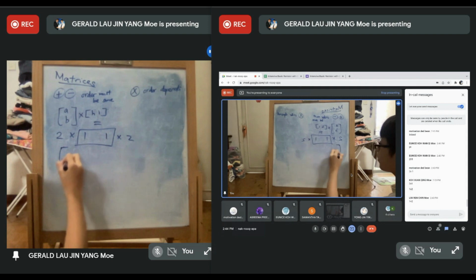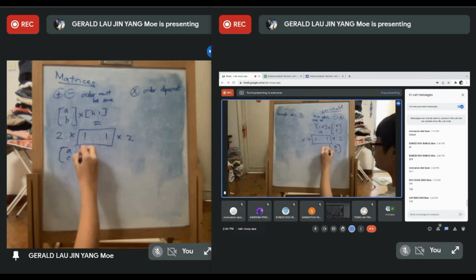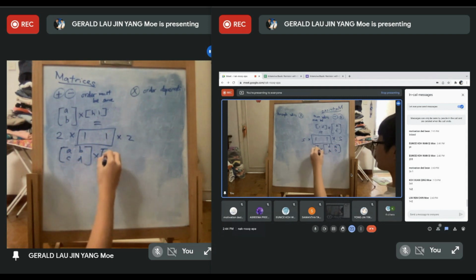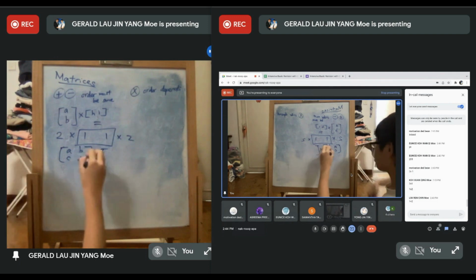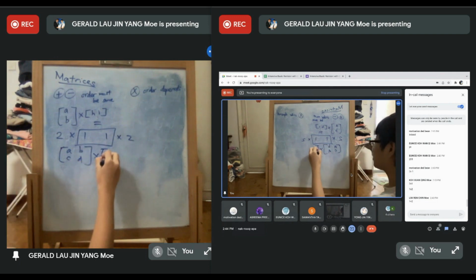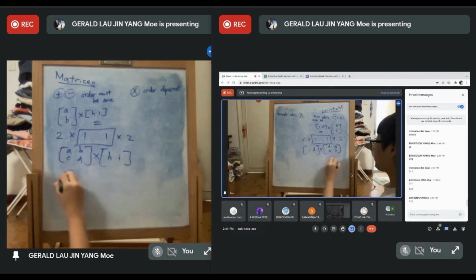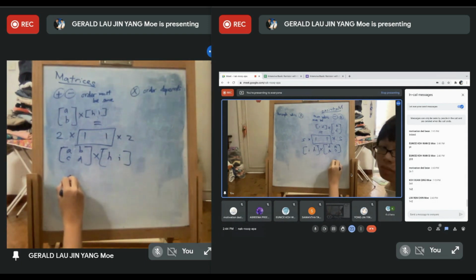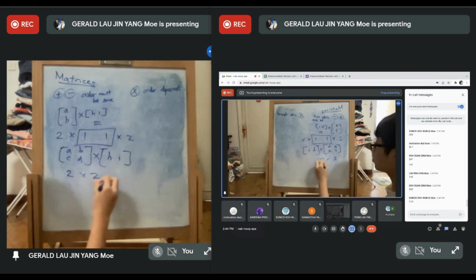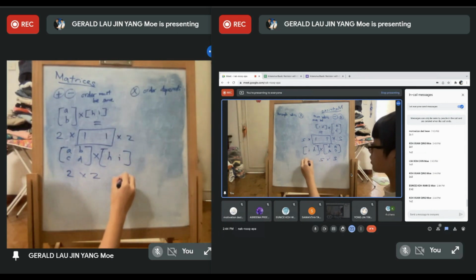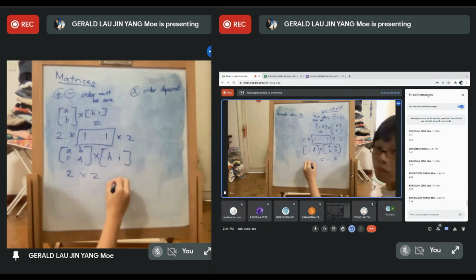Understand? For example, A, B, C, D, and then times 2 times 2. What is the order of this matrix? 2 times 2. What is the order of this matrix? 1 times 2.